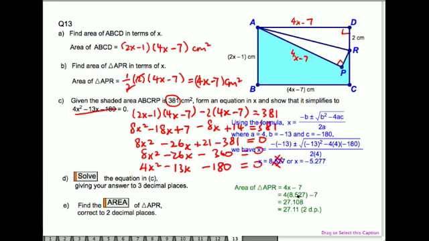We chose the positive value because the length cannot be negative. And we rounded our answer to 27.11 as required, to 2 decimal places. This concludes the discussion of the mid-year 2014. Thank you.